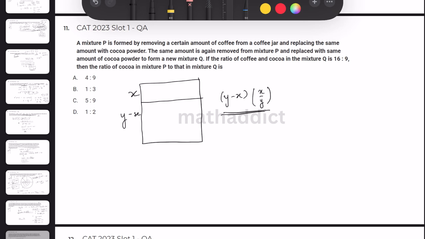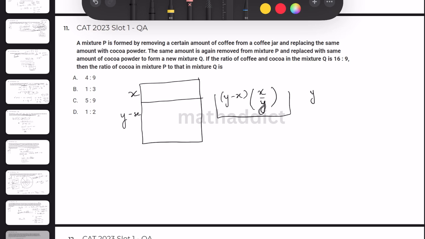No, sorry. (y minus x) into x upon y is the fraction of cocoa powder of the total mixture which is removed. So of that, this is the fraction of the remaining coffee which was removed.